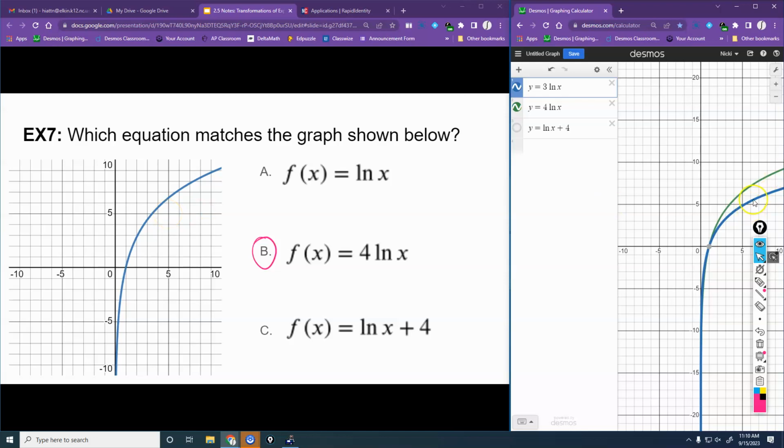So my blue graph, which is 3 natural log of x, which wasn't an option here, couldn't be the answer. So then you would look, well, maybe that one looks like 5, 6 and a half. Oh, yeah, that hits the same point. So that'll help you match up with those. Alrighty.